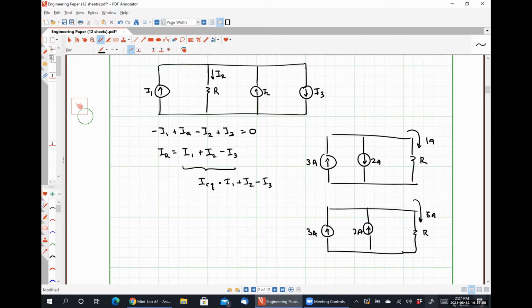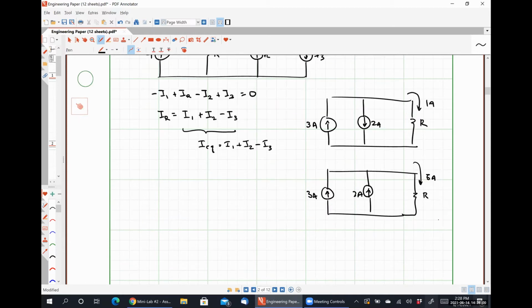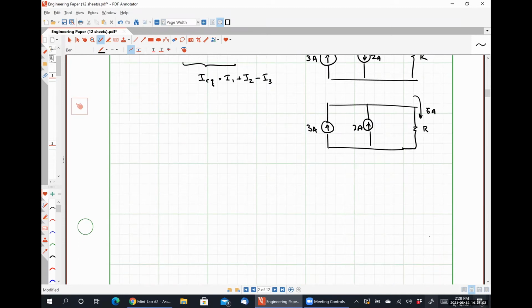current sources in parallel. Current sources in series are another odd duck, like voltage sources in parallel.